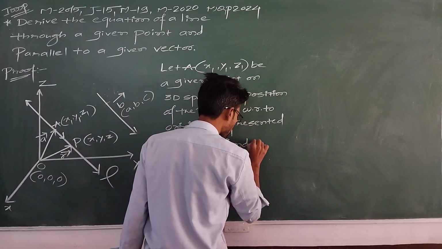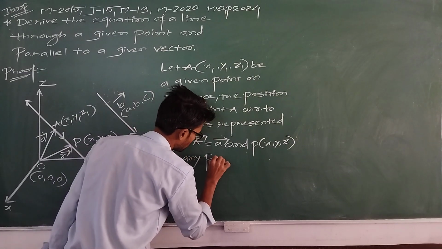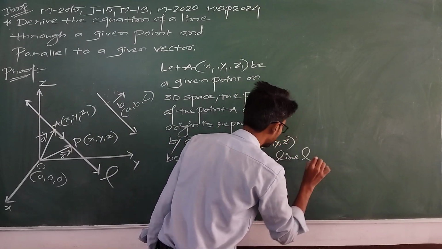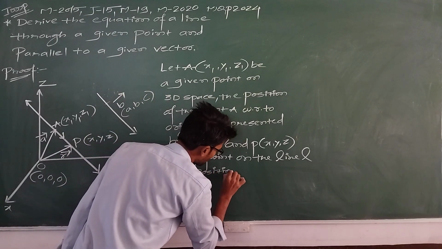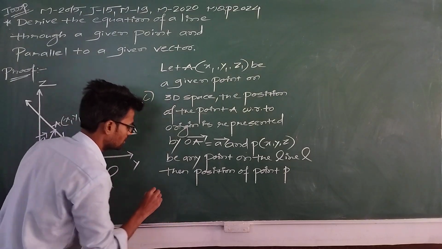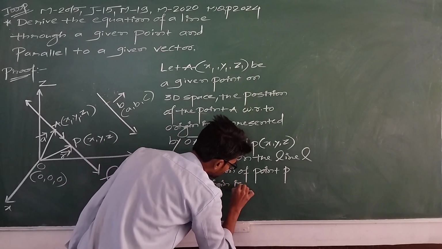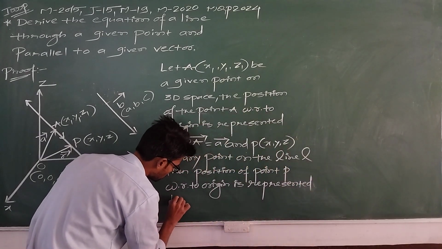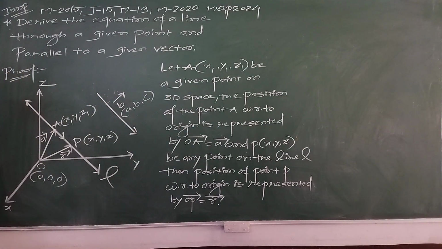And P(x, y, z) be any point on the line L. Then the position of point P with respect to origin is represented by OP vector, which is equal to R vector.